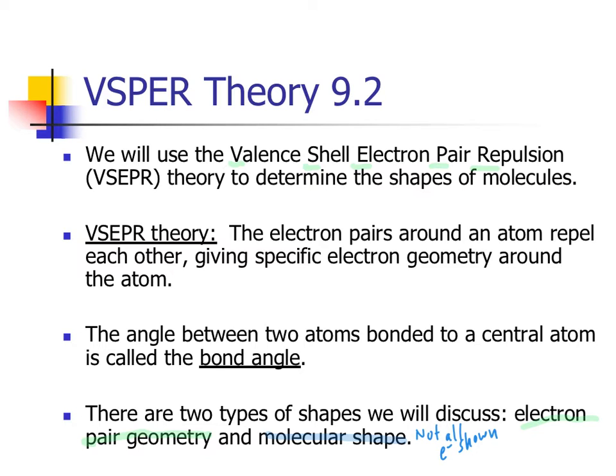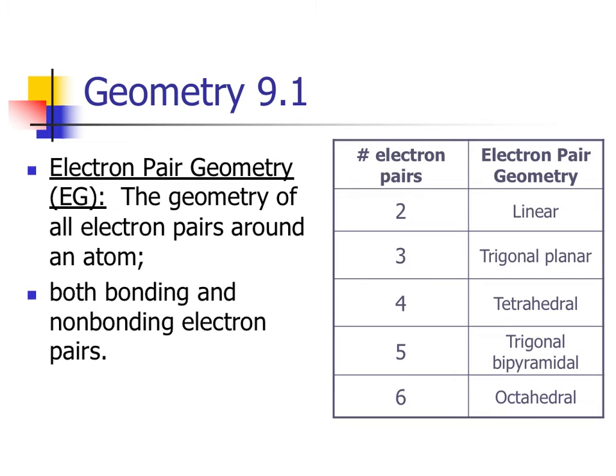The electron pair geometry has all of the electrons shown. But again, back to VSEPR. So when it comes to electron pair geometry, what we are looking for are the number of electron pairs.